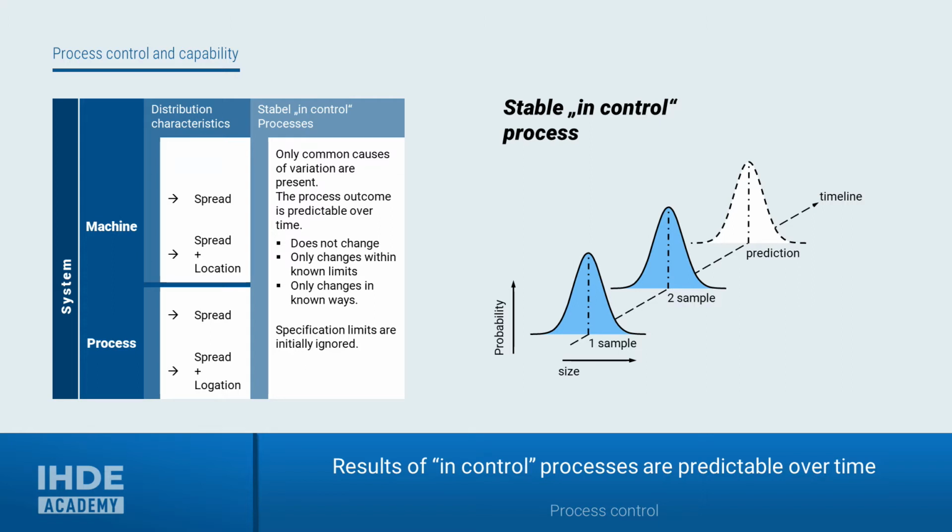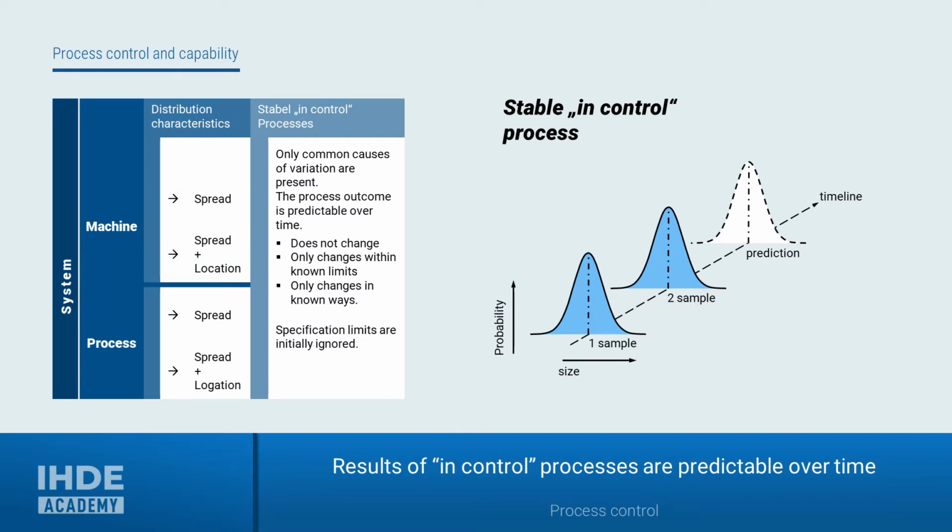As shown here, a process is in control or stable if the process result can also be predicted over time. So it either doesn't change or only changes to a known extent or in a known way.